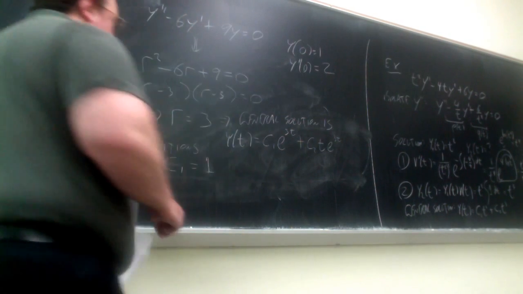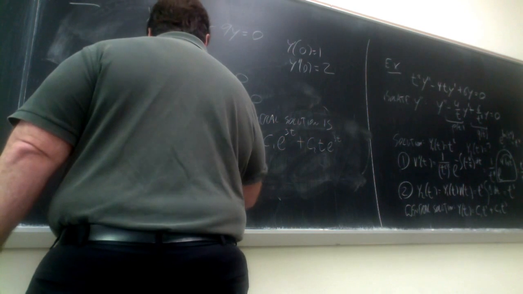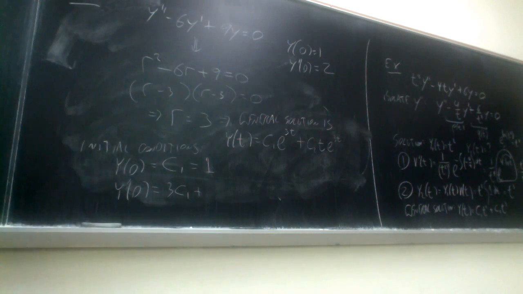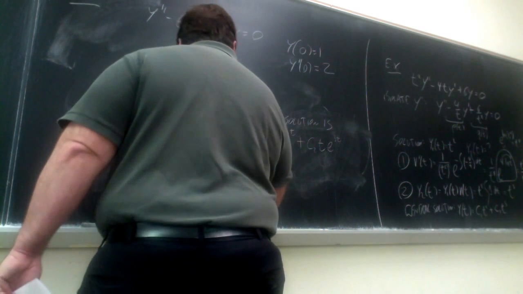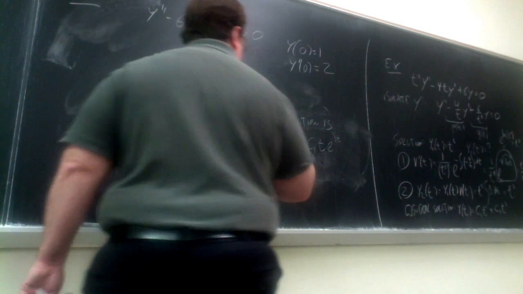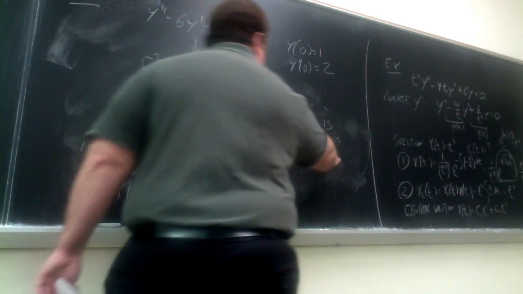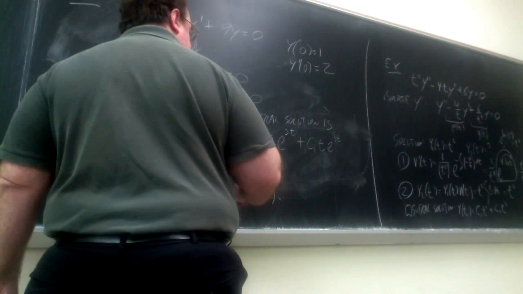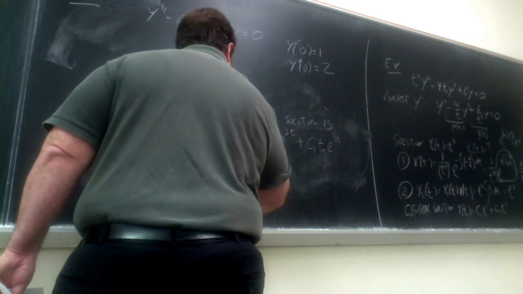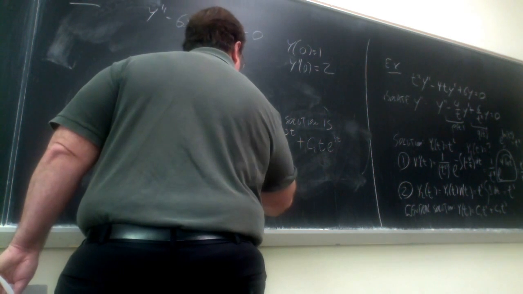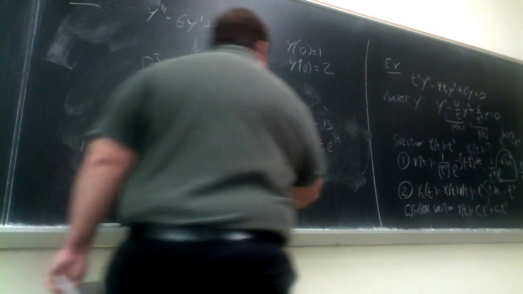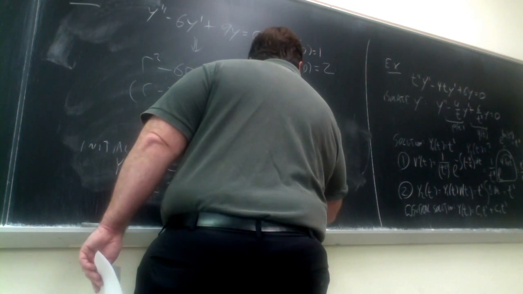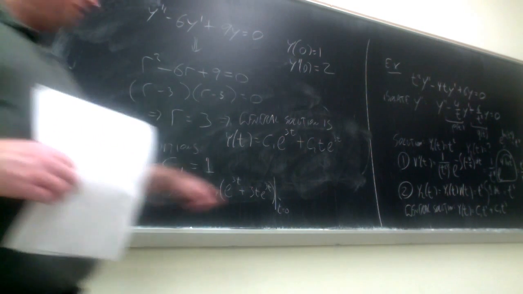What about y prime of 0? So we're going to have 3c1 for your first term, but what do you have to do in the second term? Yeah, unfortunately you have to use a product rule. So we're going to have c2, and we won't plug in t equals 0 yet, but what is the derivative of that? Now you have to plug in t equals 0, but things still work out pretty nicely because at least that term is going to go away.